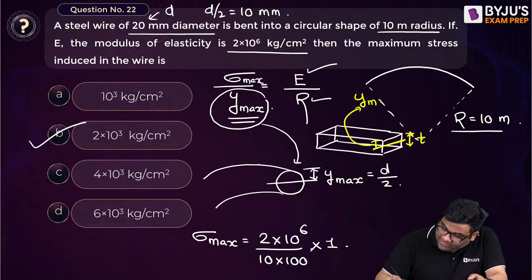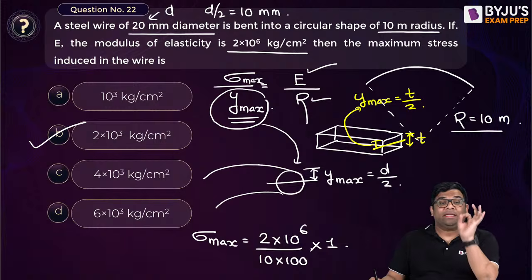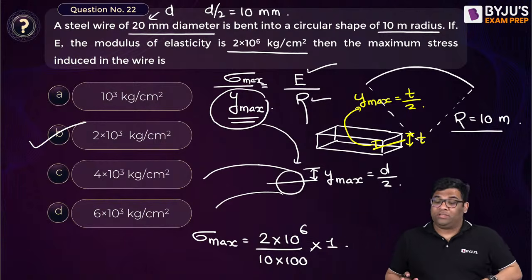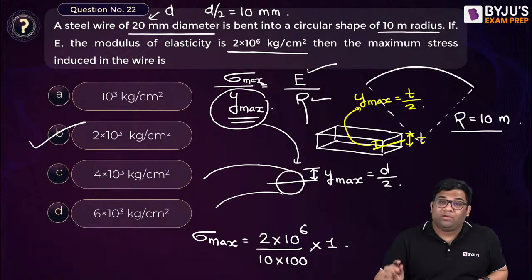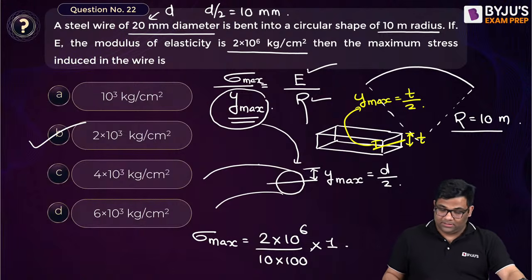The Y max will be thickness by 2, yes or no? If they give a scale, the same question they will ask in a different way. Then this Y max will be T by 2. Understood? Yes. Next question.